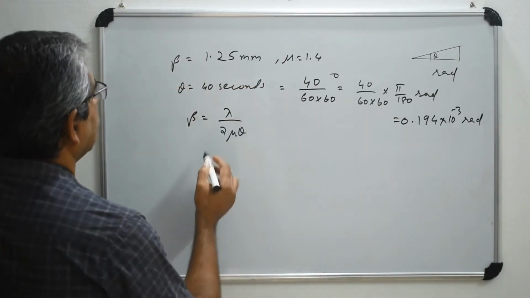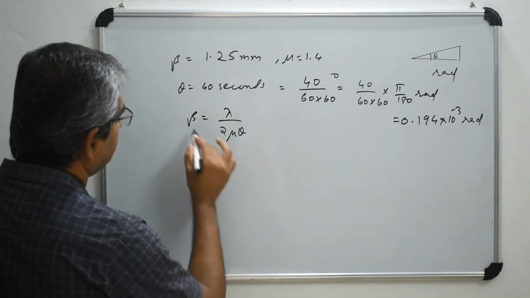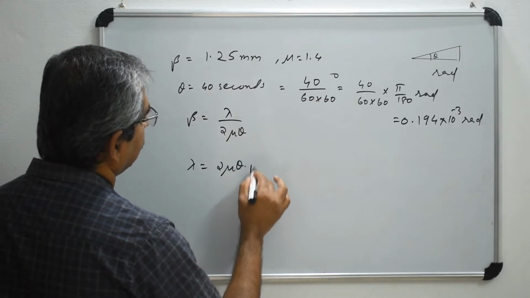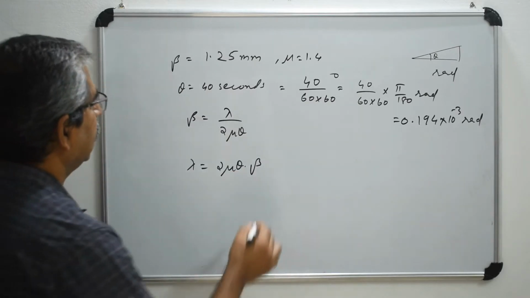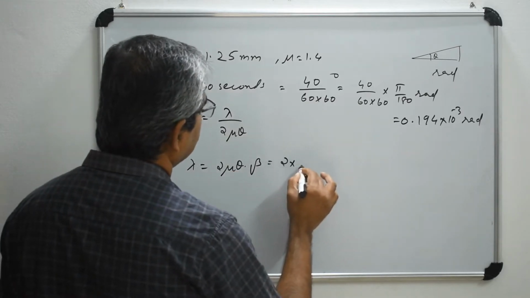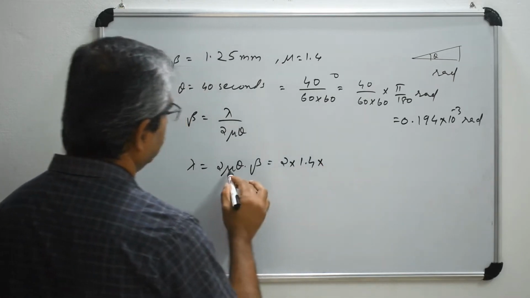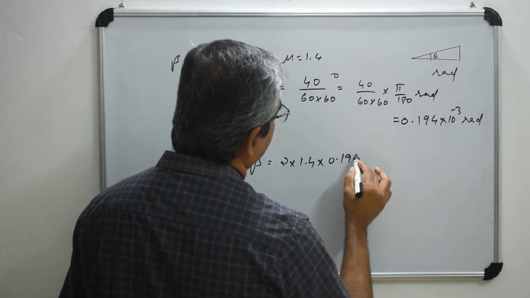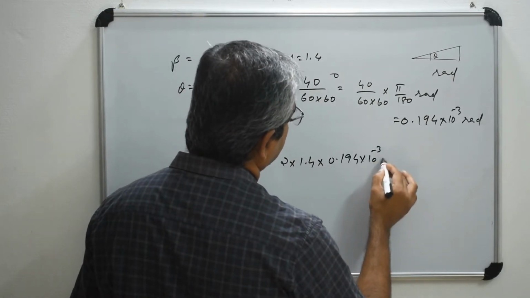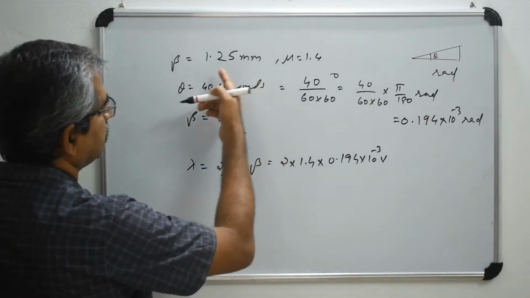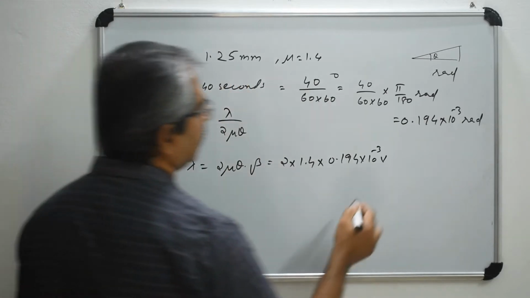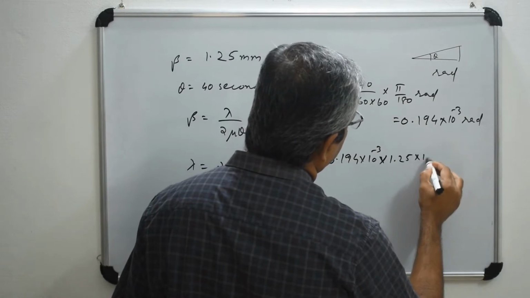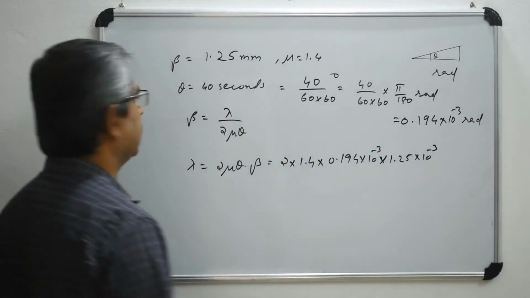Now you can write lambda is equal to 2 mu theta into beta. That is equal to 2 into 1.4 into theta, 0.194 into 10 raised to minus 3, into beta, 1.25 millimeter, that is 1.25 into 10 raised to minus 3.